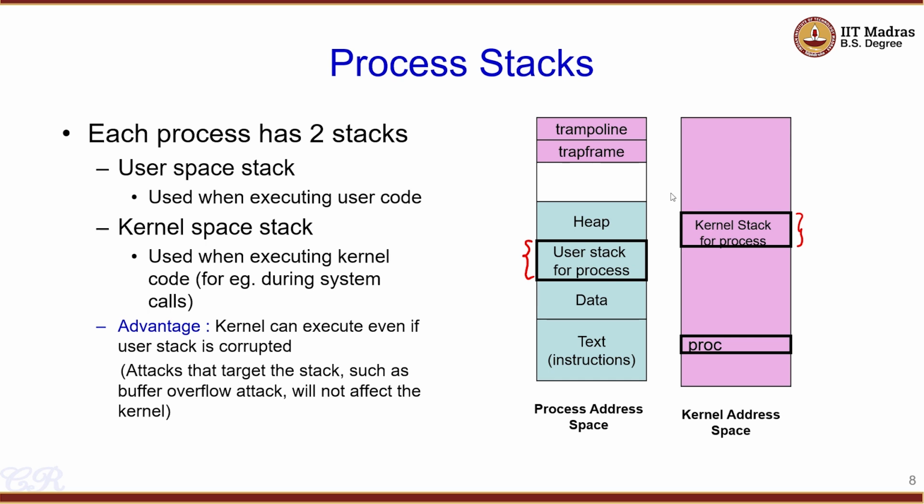What is the difference between the two? When your program is typically executing and you are executing functions within the particular program in the user code, then you use the user space stack.